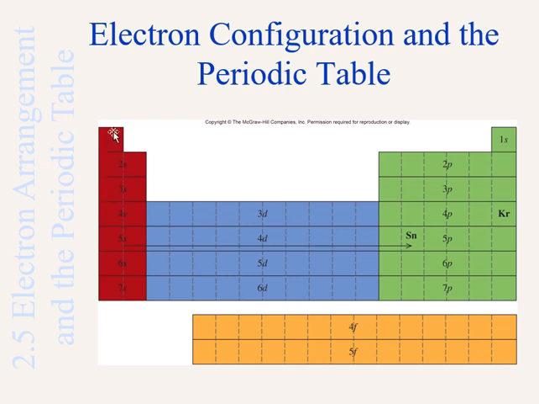Instead of writing every little detail, we write in square brackets the symbol for the noble gas that precedes the element. Sodium is here, so our noble gas right before it must be neon. In square brackets we write neon and then start writing the configuration at this point, which begins at 3s1.